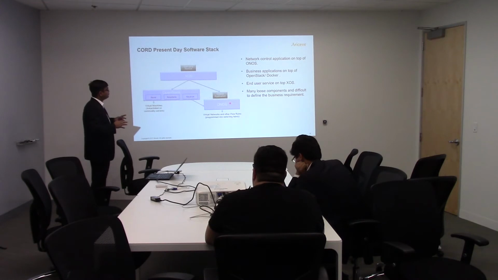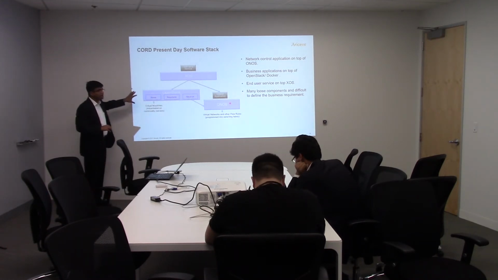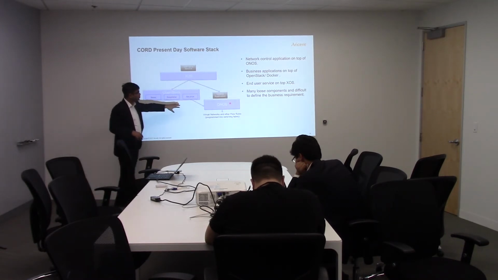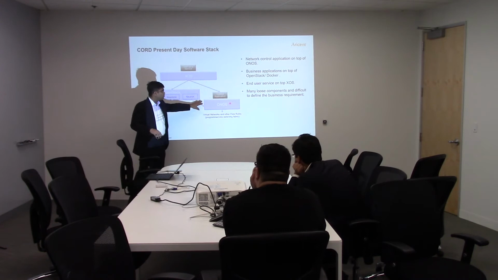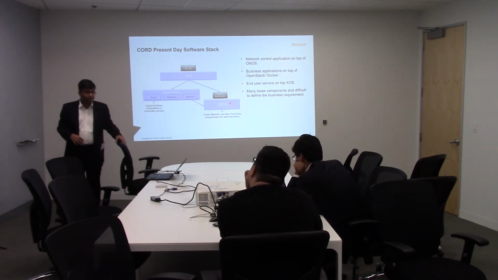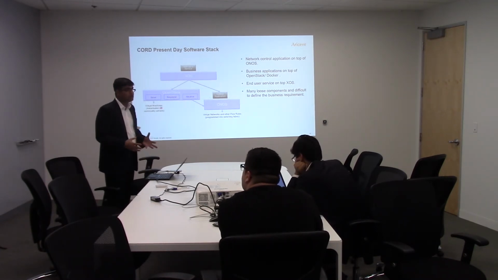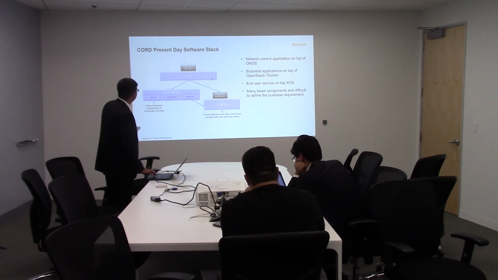So this is the POD stack now, and let me see how it looks today. You have ONOS, which is mostly working on the control side or the network side, and you have OpenStack and Docker, which are working on the service or business layer, and then you have XOS, which is talking more to the end-to-end service.